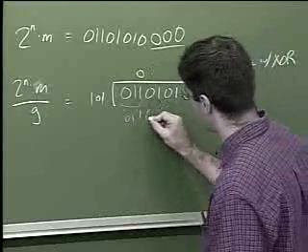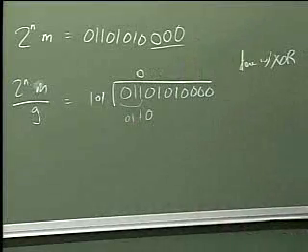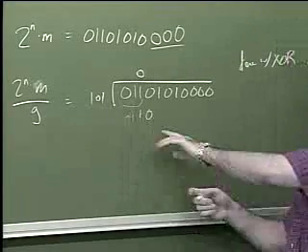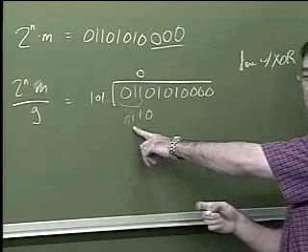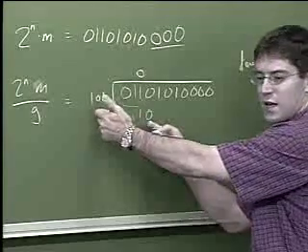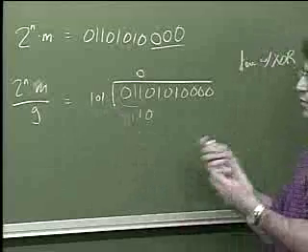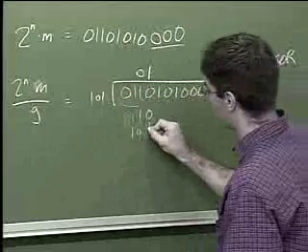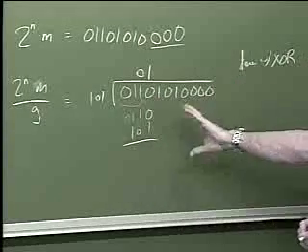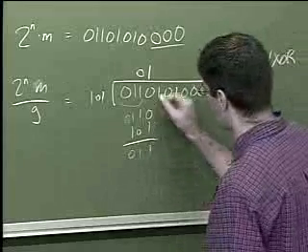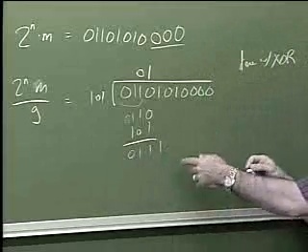And you bring down, you sort of go on to the next round. And now the question is, really, is the first bit a 1? If the first bit is a 1, when you XOR these two quantities together, the quantity reduces, and then you put a 1 up here. So put a 1 up here, and I bring down the 1, 0, 1, and then instead of addition subtraction, I take the XOR, so I'll wind up with 0, 1, 1, and then I bring down the 1, and I keep repeating that process.